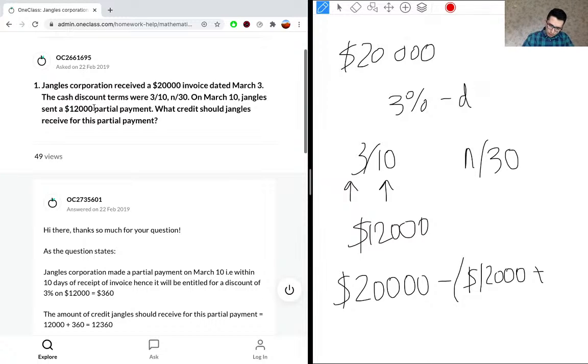So I'll just write it down here. So plus 3% of 12,000. So 12K. And that's all in brackets.